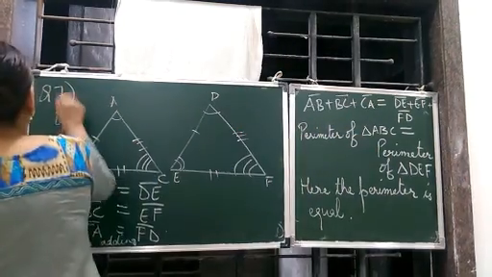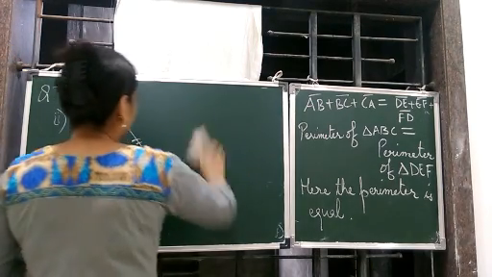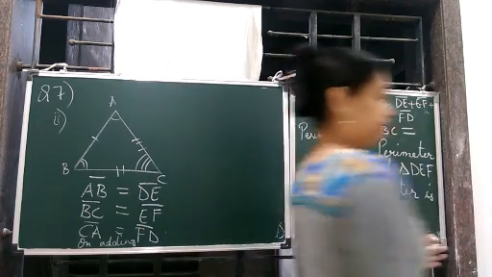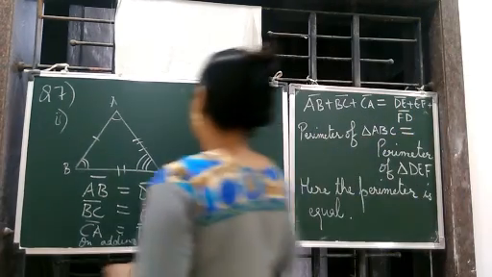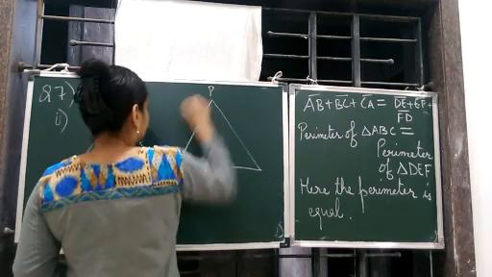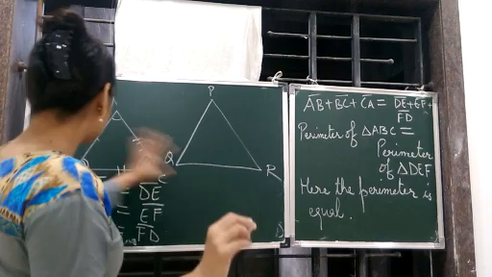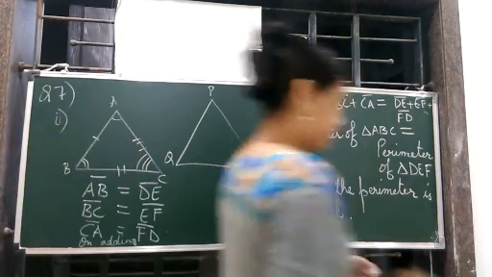In the second one, let's take two triangles ABC and PQR this time, where they are not congruent.